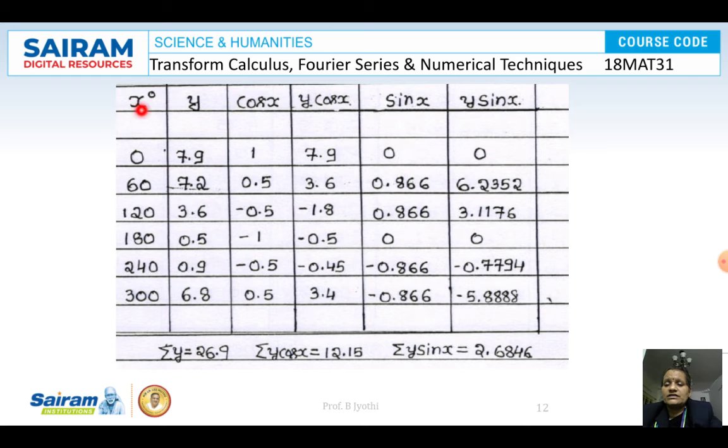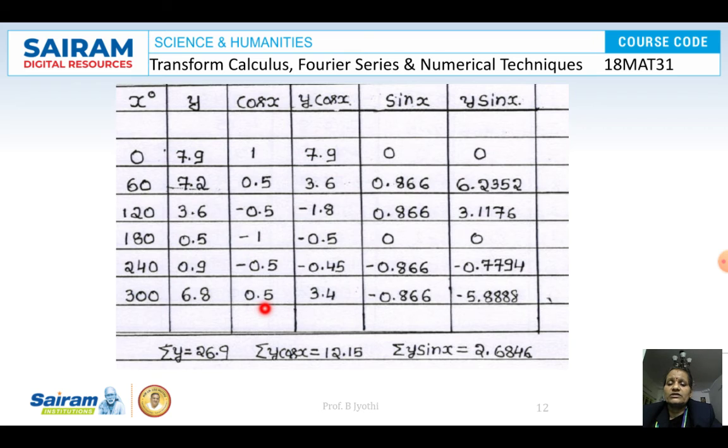So x in degrees, which is given already, is listed here. The y values, that is 7.9, 7.2 and so on, need to be summed, which gives us 26.9. And cos x, that is cos 0 is 1, cos 60 is half, that is 0.5, cos 120 is minus half, that is minus 0.5, cos 180 is minus 1 and so on.